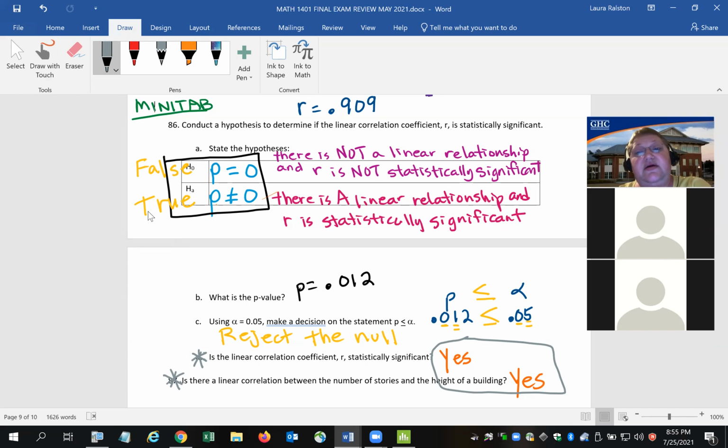It's also true on the flip side. If you say no, R is not statistically significant, then you have to say, no, there is not a linear relationship. They have to match. Those two statements mean the same thing. They're just worded differently.